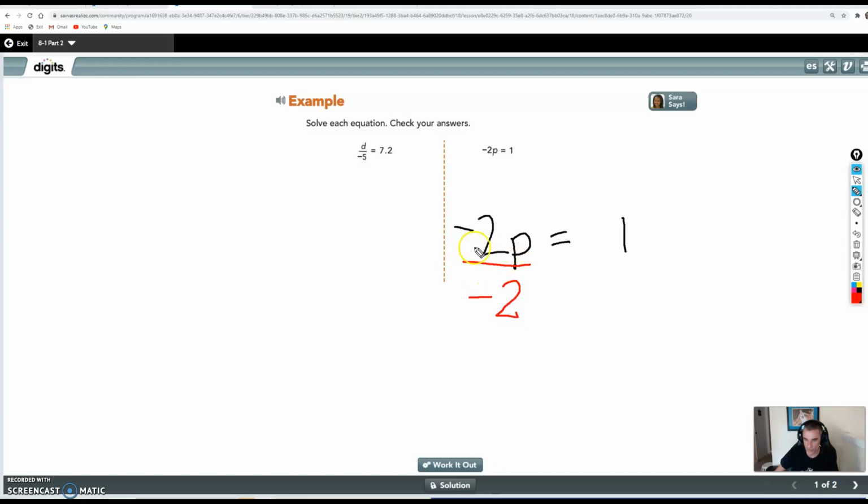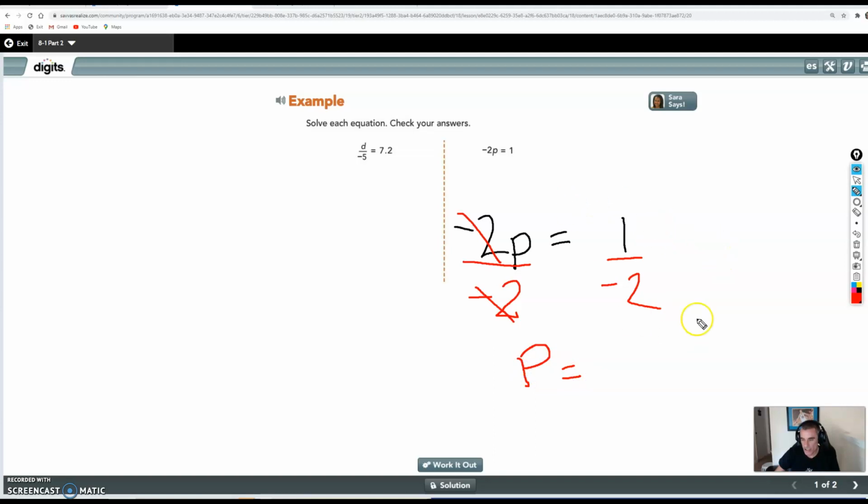Right? The opposite of multiplying by negative 2 is dividing by negative 2. And on the right-hand side, I also have to divide by negative 2. So when we have the same number, top and bottom, those cancel out. And I'm left with just my unknown, which is what I was trying to figure out.